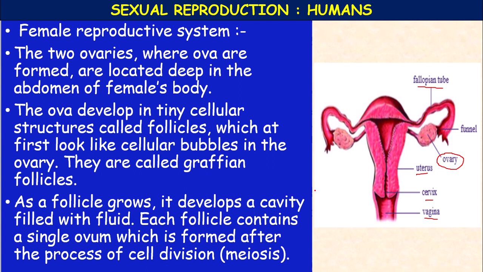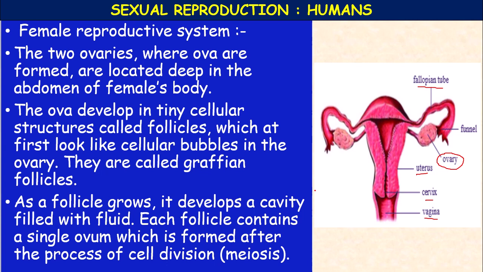Every oogonium is diploid, divides by meiosis into a secondary oocyte and a polar body. It is also haploid. The secondary oocyte again divides by meiosis into an ovum, that is again haploid, and the second polar body, the ovary develops into an ovum.